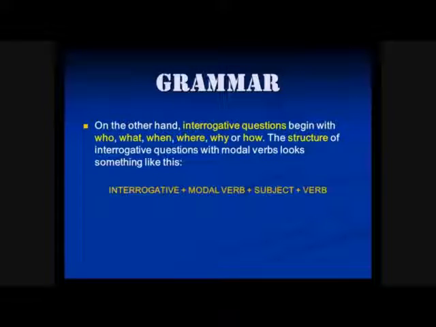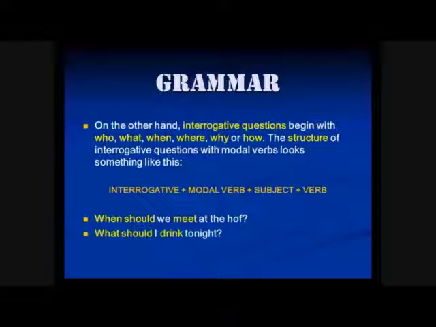Interrogative plus modal verb plus subject plus verb. Example: when should we meet at the Hof? What should I drink tonight? Who should she kill tomorrow?